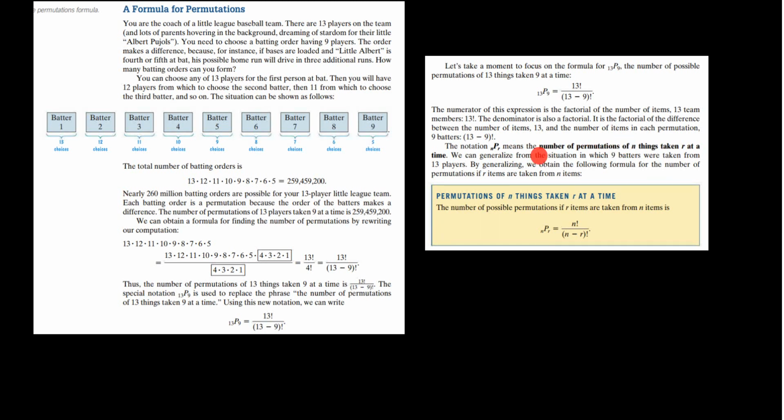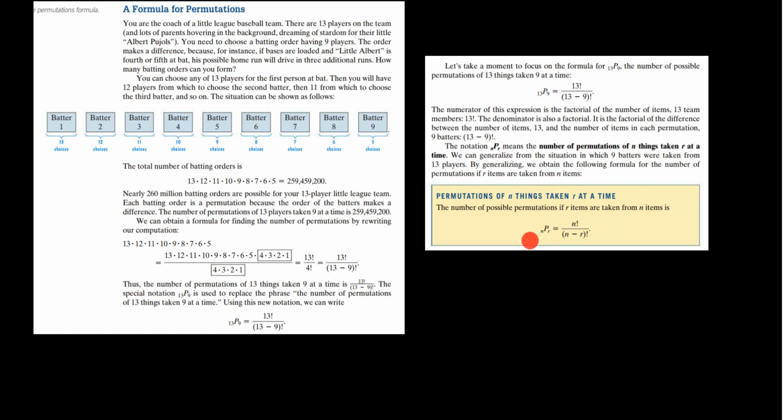Looking over here, you're the coach of a little league baseball team, and you have 13 players, but you need to permute 9 of them. So the notation would look like this: 13P9.